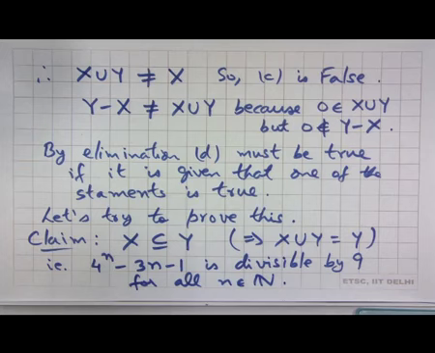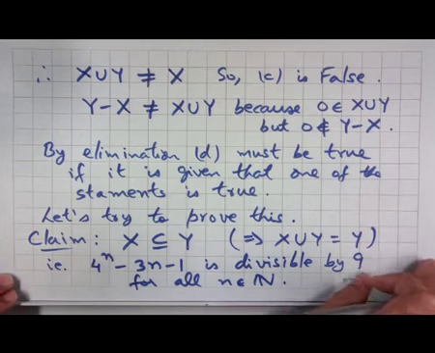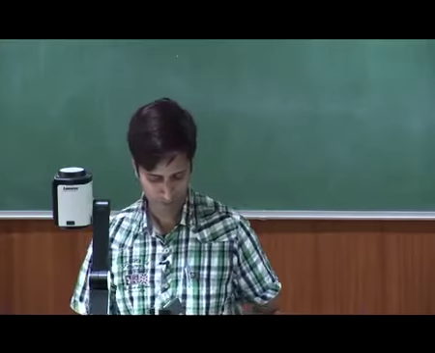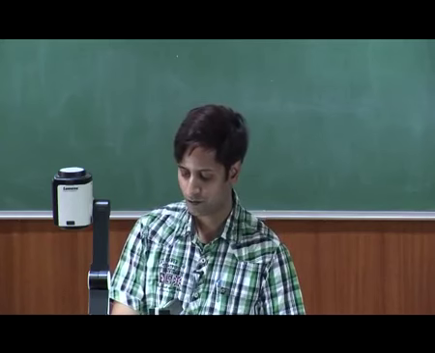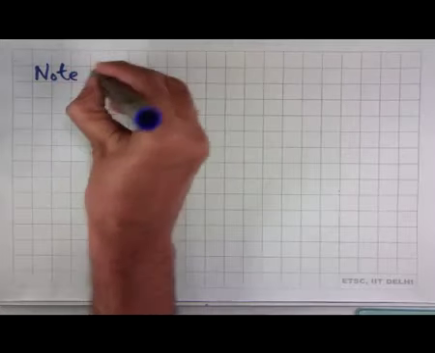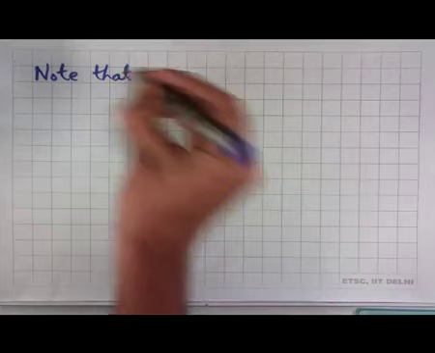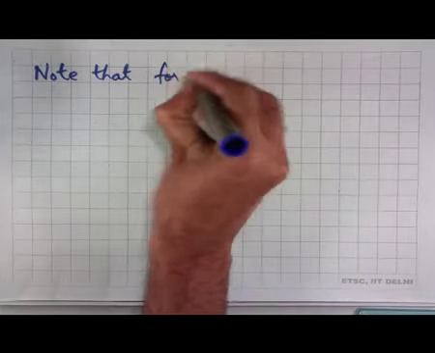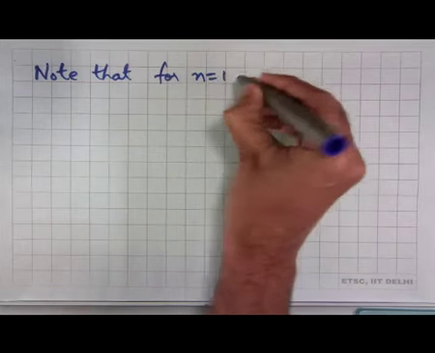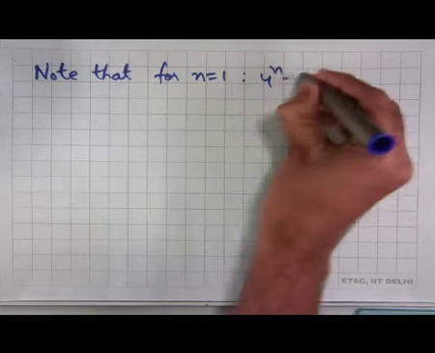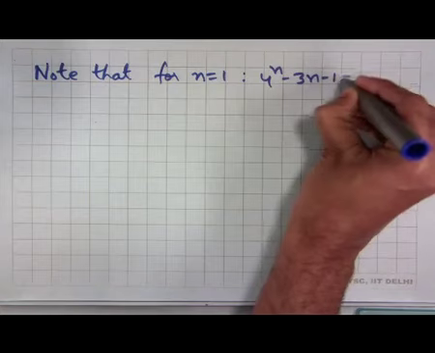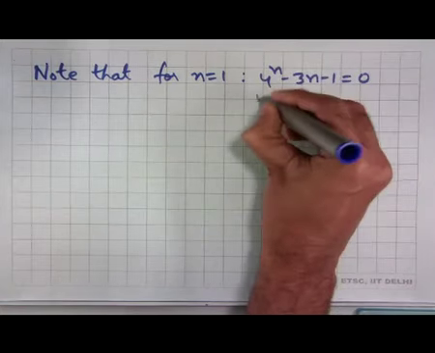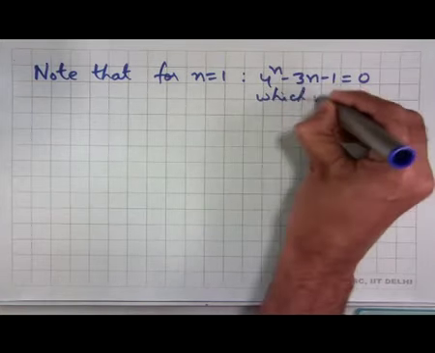So, we have to see that 4 to the n minus 3n minus 1 is divisible by 9 for every n. So, note that for n equal to 1, 4 to the n minus 3n minus 1 is equal to 0, which is divisible by 9.